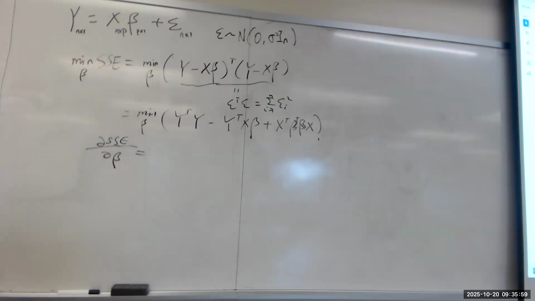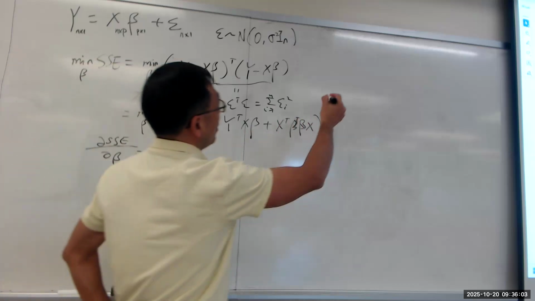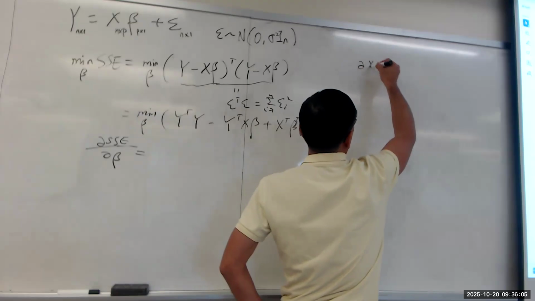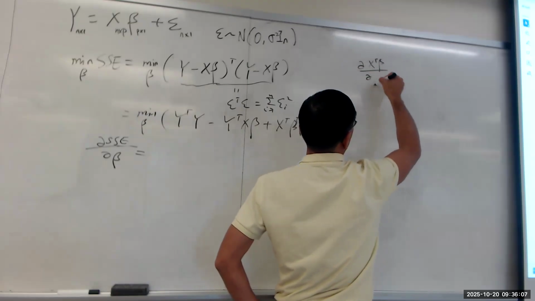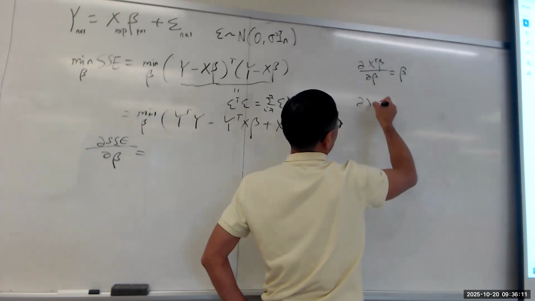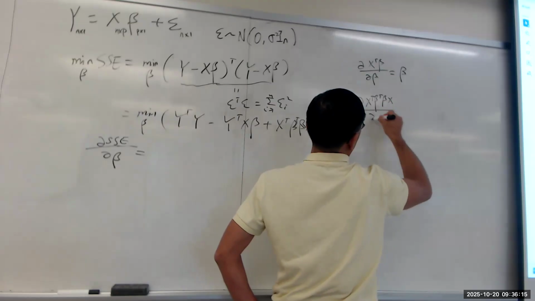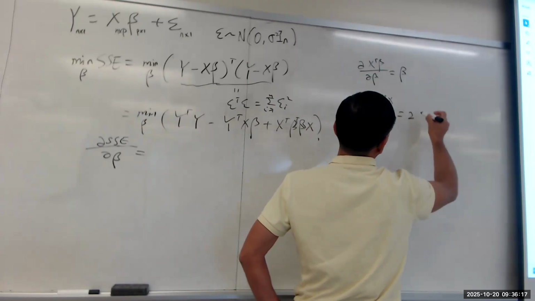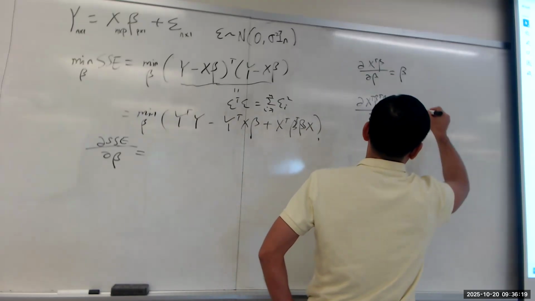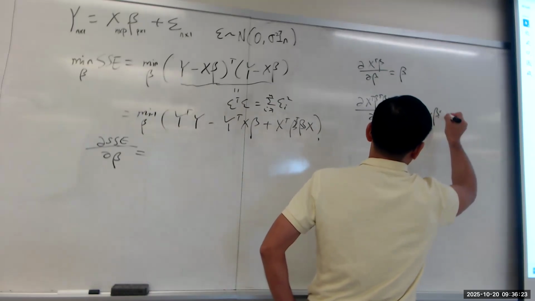In short, the derivative of (x beta) transpose (x beta) will be equal to 2 x transpose x beta, okay?